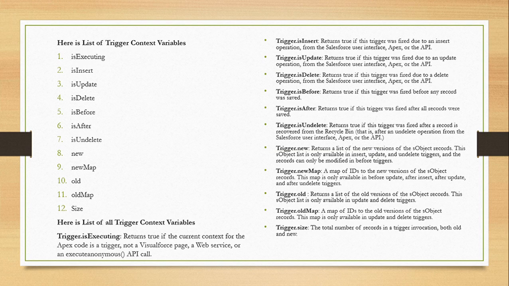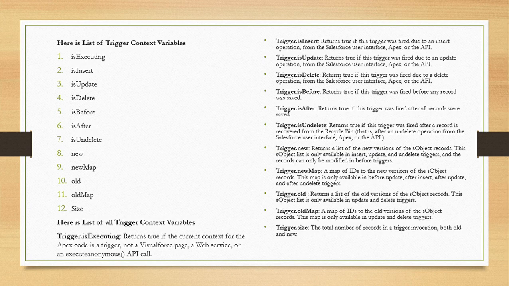So these are the functions of the trigger context variables. Trigger.isExecuting returns true if the current context for the Apex code is a trigger, not a Visualforce page, a web service, or an executeAnonymous API call.